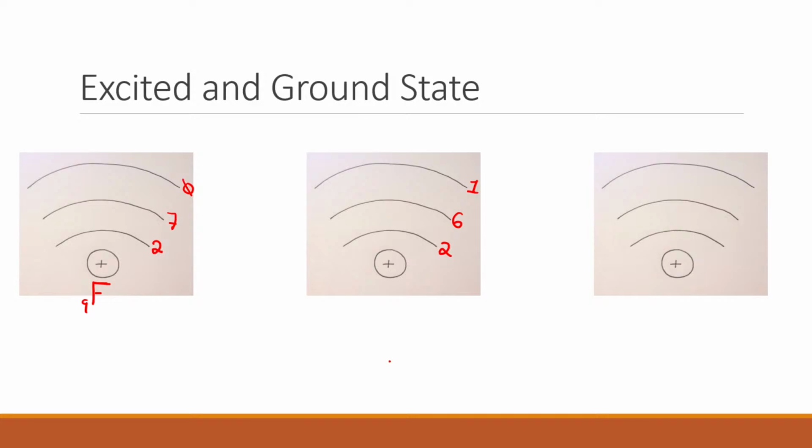Right, it would absorb that energy that is given, jump up to a higher shell, but it can't stay there, right? That we know from last time that this is not correct, right? It should be 2,7,0. And so it will return back to the way it's supposed to be and give off some light energy. Right, it absorbed some energy, and then it will release that energy.